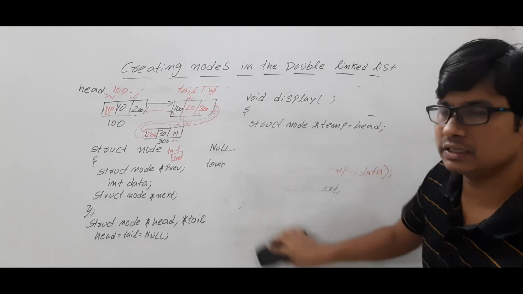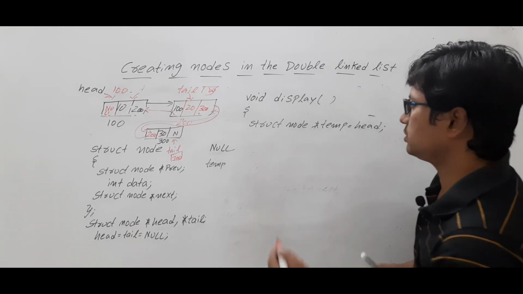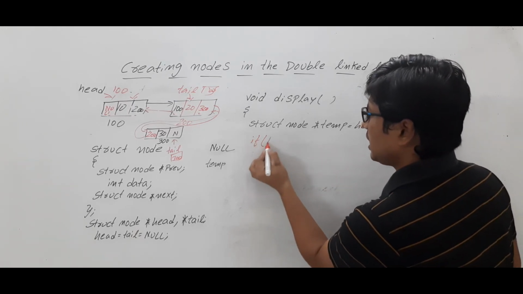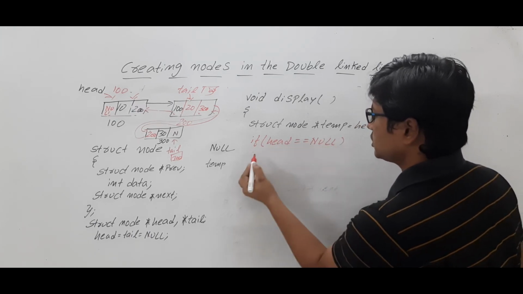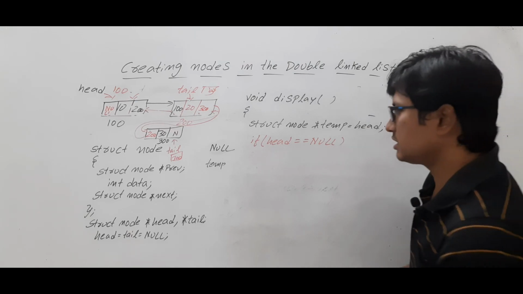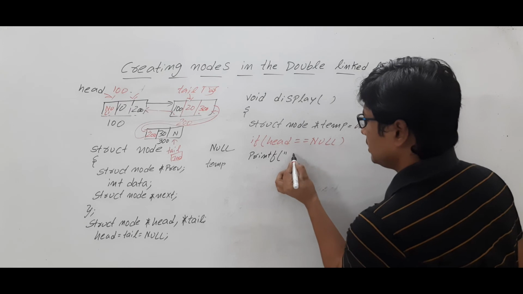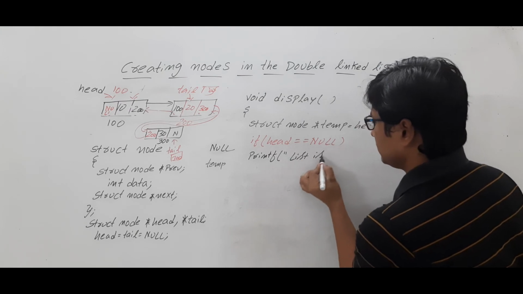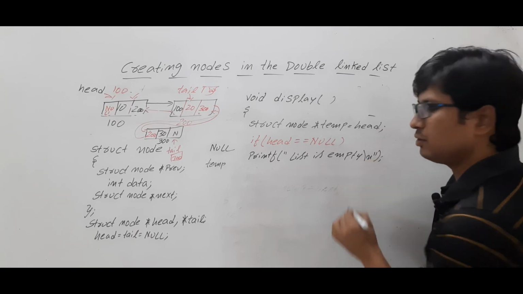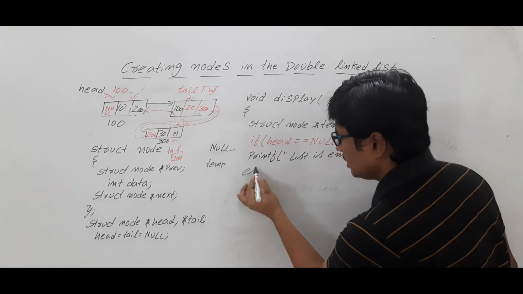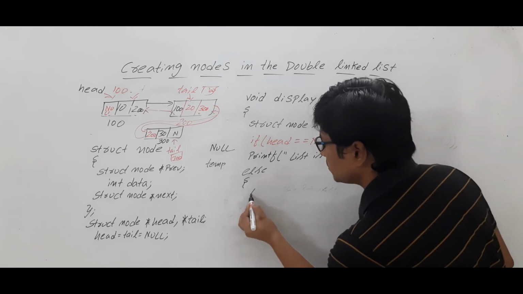I hope you have understood how to display the elements. Before that, you need to check this one. If head is equal to null, then you should display that the linked list is empty. Printf list is empty. I hope it is clear. Else, if head is not equal to null, meaning some nodes are there, then you should display the elements.